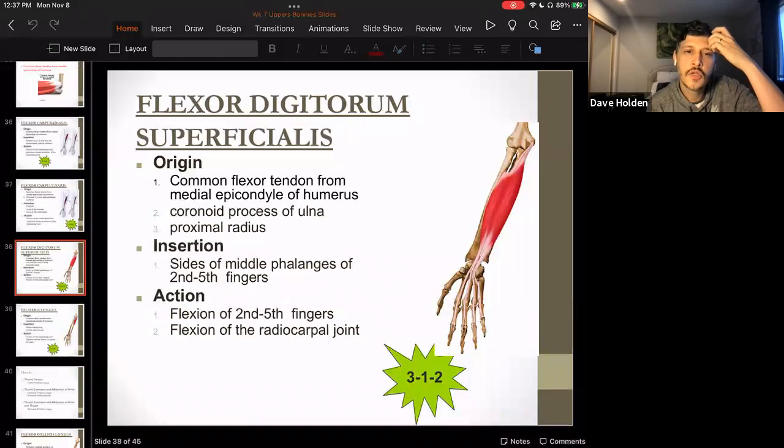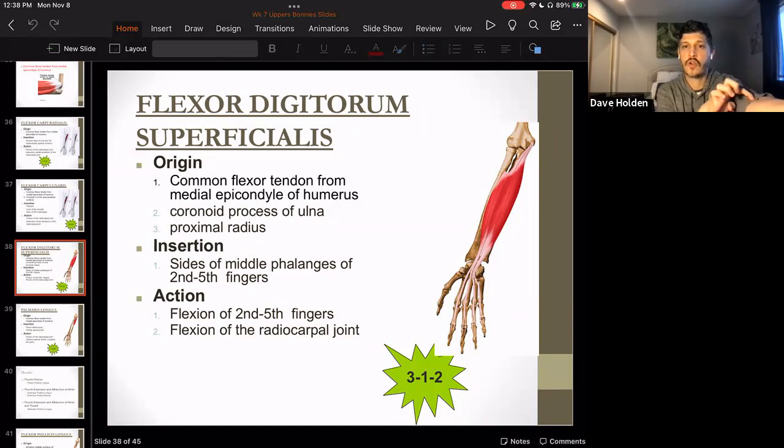Flexor digitorum superficialis. So flexor digitorum is going to flex the digits, flex the fingers, with the exception of the thumb. It doesn't touch the thumb, just the four fingers. Origin, common flexor tendon, off the medial condyle, same as the others.